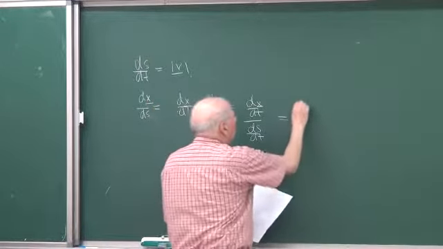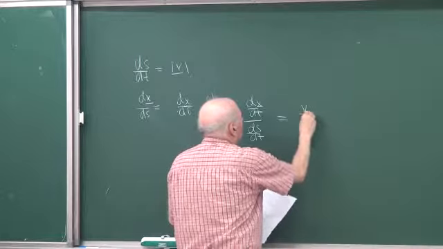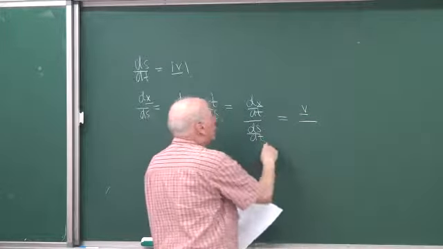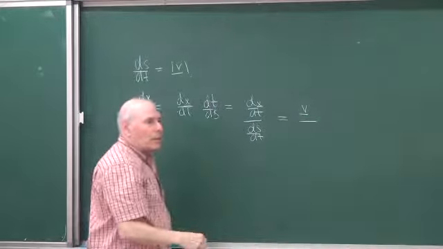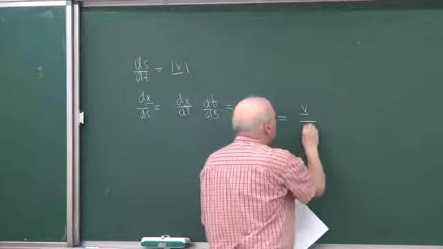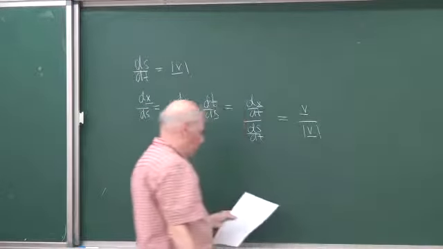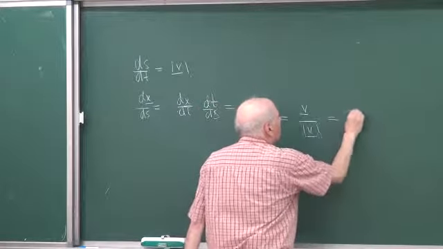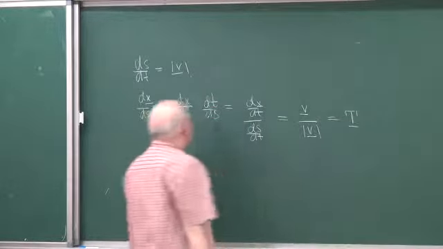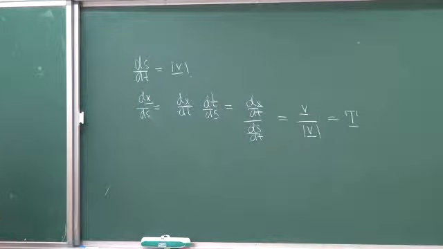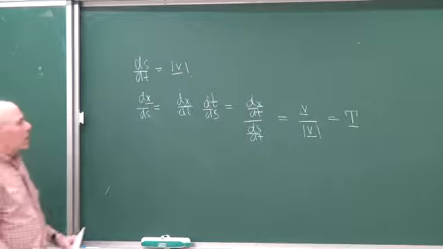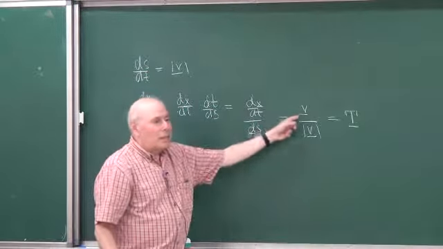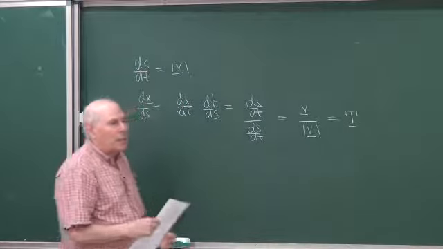But the dx/dt is v, and the ds/dt we said was the magnitude of v. So the dx/ds is in the direction of the tangent. In fact, it's the unit tangent.